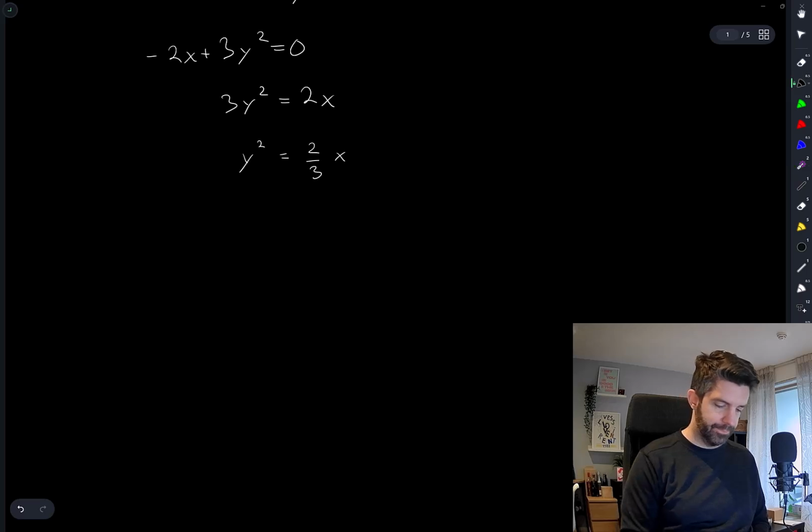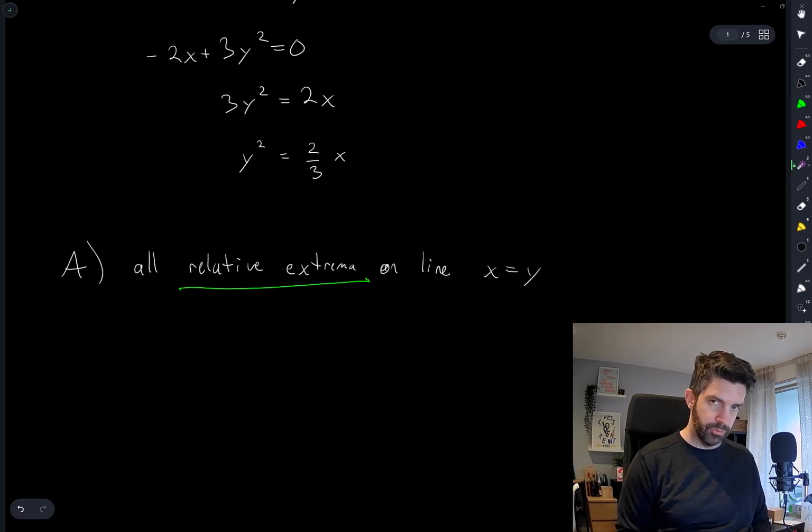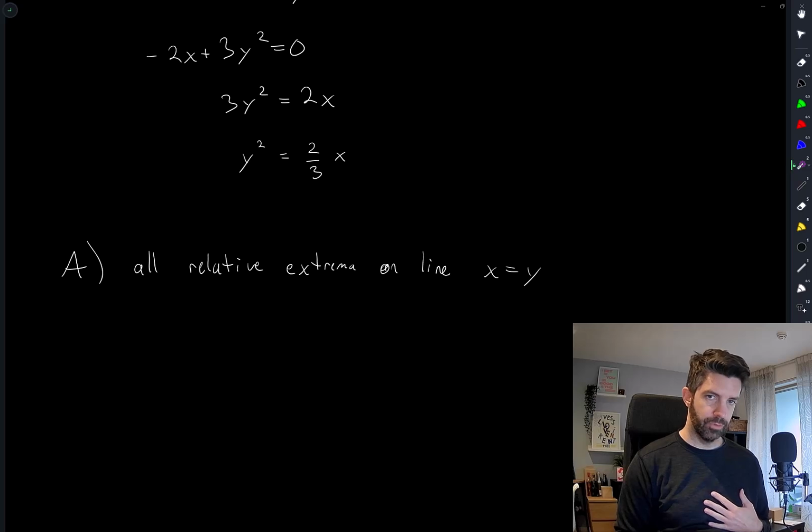Statement A says that all of its relative extrema are on the line x equals y. I'm not 100% sure what they mean by relative extrema. I think that probably means what I would call a local extrema, because some of the other options say absolute, an absolute minimum.